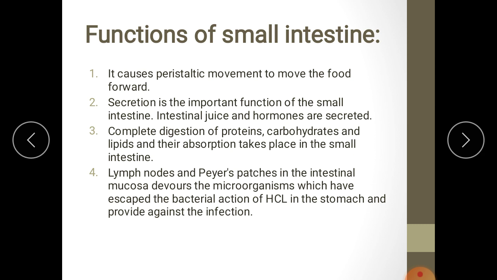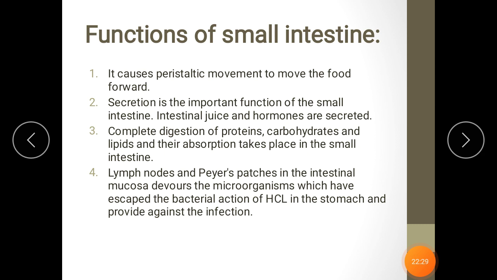Second, secretion is an important function of the small intestine. Intestinal juice and hormones are secreted. Complete digestion of proteins, carbohydrates and lipids and their absorption takes place in the small intestine. The small intestine is the main part where the food is digested and absorbed.